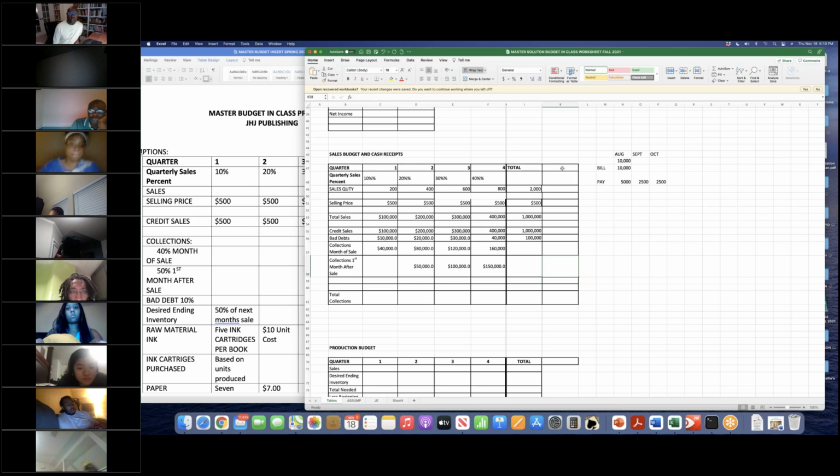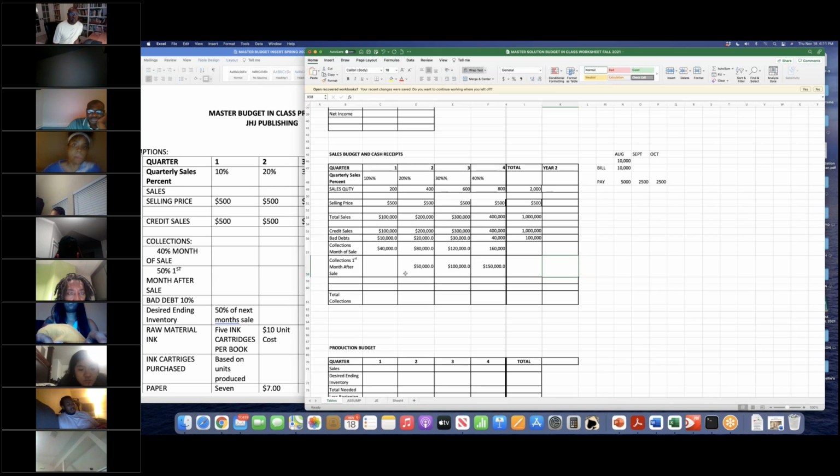So this will be year 2 here, and we won't put it in, but this will be year 2 where you get the rest of that money. So a couple of ways to look at it, but in the month of sale, you're getting 40% of whatever was sold. Then you're picking up the rest of that after the sale.